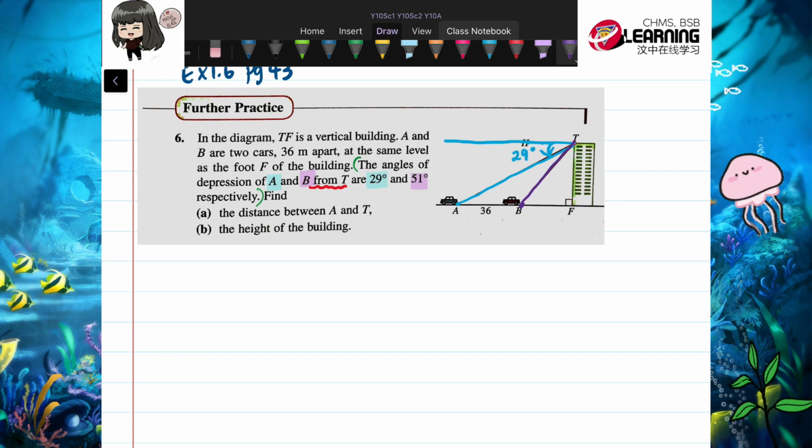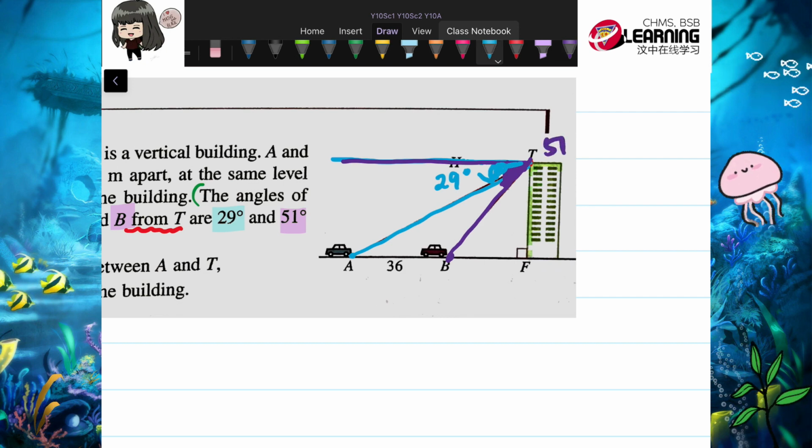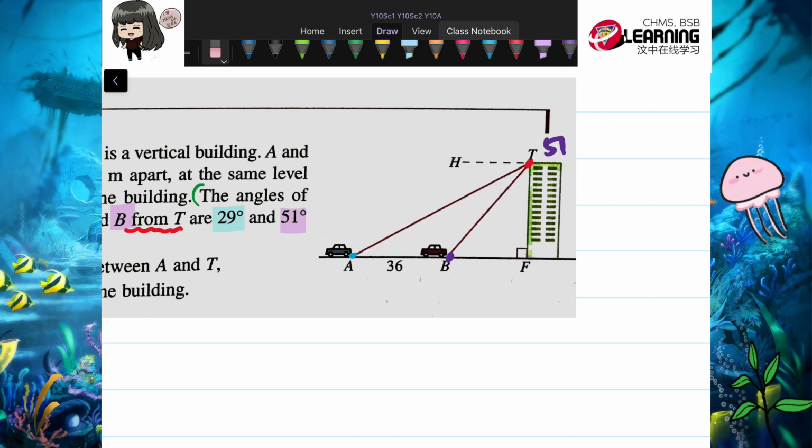It is also from the horizontal line, looking all the way down until here is 51. This whole thing here is 51, but 29 is only here, just this part. This whole thing is 51. Okay, I'm going to erase here and write down a proper one for you.